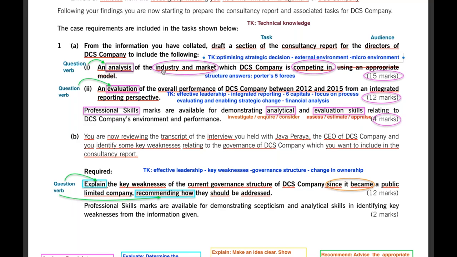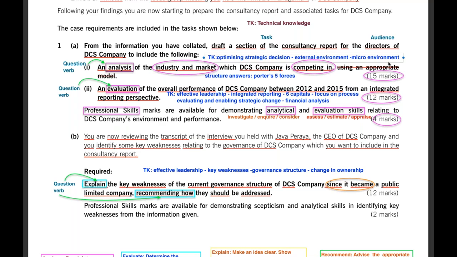When it comes to industry and market, you are looking into the micro environment. So you'll automatically be able to retrieve your files from your CPU that this is your Porter's 5 forces, which can help you structure your answer.